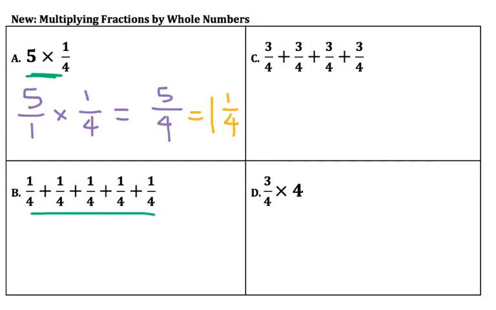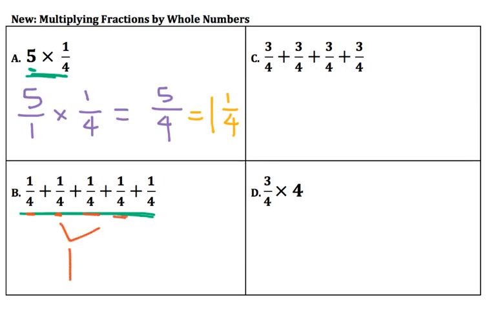Because if you think about what multiplication can mean, repeated addition, 5 times 1/4 is the same as 5 groups of 1/4. So if we were to solve this one, we'd have 1/4, 2/4, 3/4, 4/4.